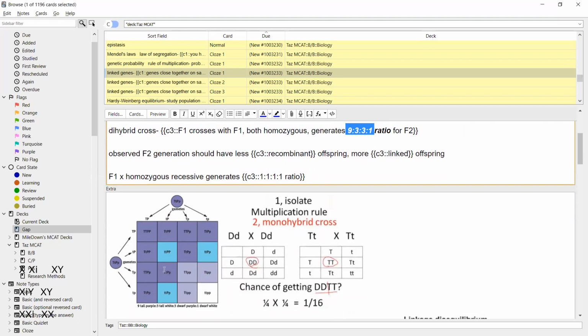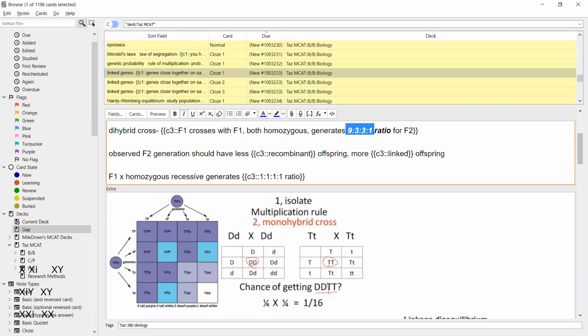You can see from here how they color coded the box. You have 9 dominants, because it can either be capital or capital lowercase, right? So in that case, you have 9 dominant, 3 dominant recessive, and then 3 recessive dominant, and then 1 recessive recessive.